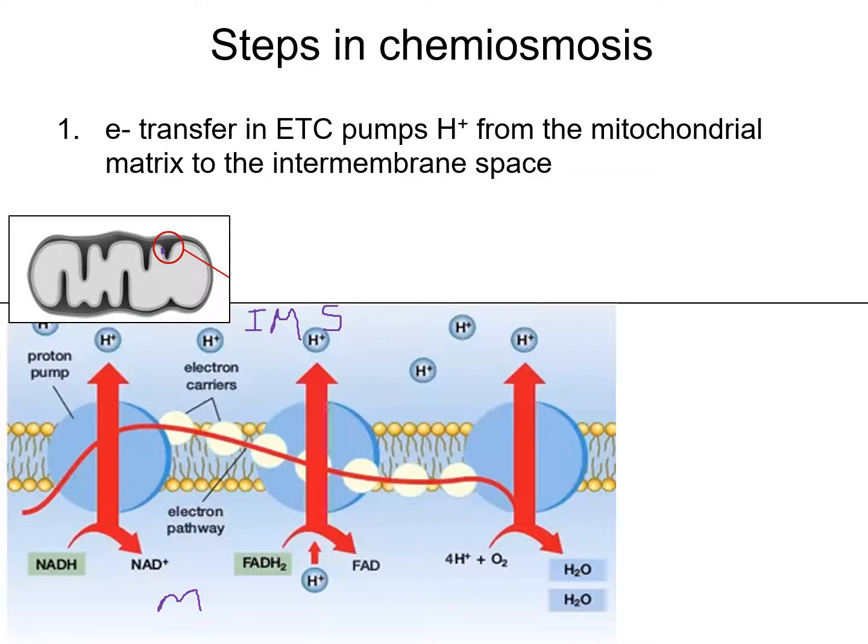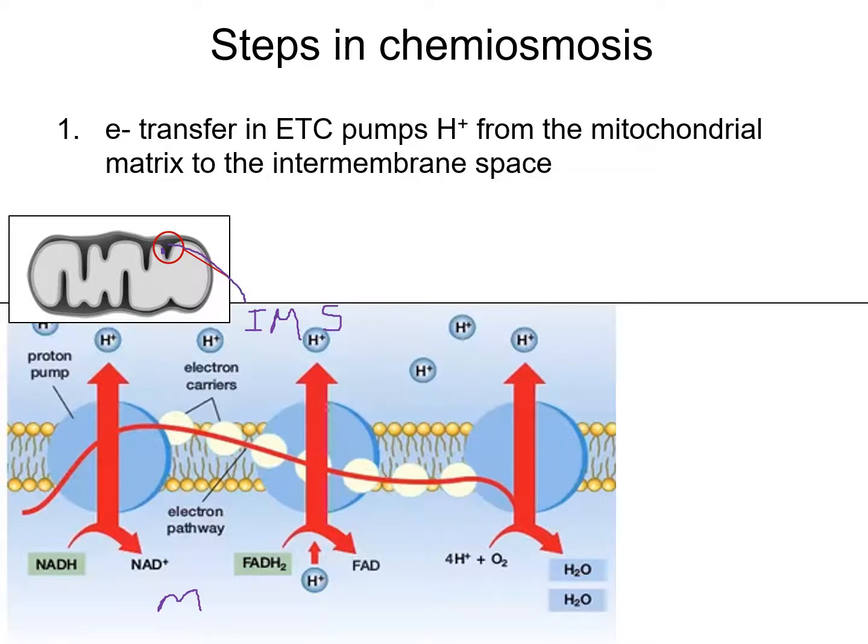Now that we've gotten situated in terms of where this is happening, what you're seeing here is that as these molecules, NADH and FADH2, drop off their electrons or reduce the proteins in the electron transport chain, that pays to have hydrogens pumped from this side in the mitochondrial matrix into the inner membrane space, which is shown right here in black.